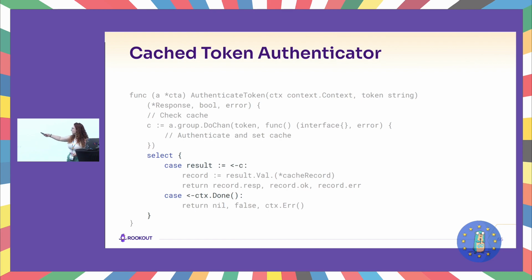So what we're going to do is wait for the result from C, which is like the happy flow, right? Most times what is going to happen is that we're going to get that result from C. But in case something terrible happened and our context has been canceled or is done, then we're just going to return the error returned from context and return nil. Once again, the happy flow will just return the correct record that we got. Pretty cool.